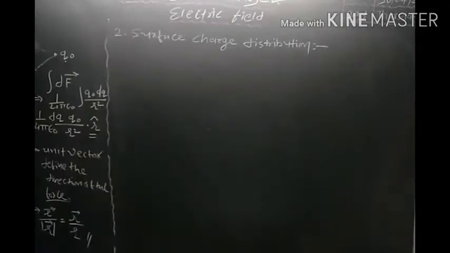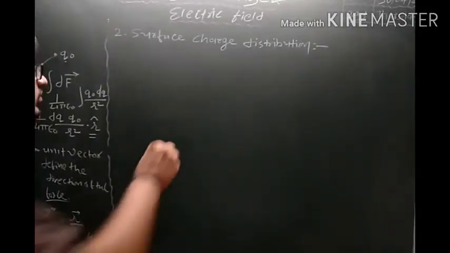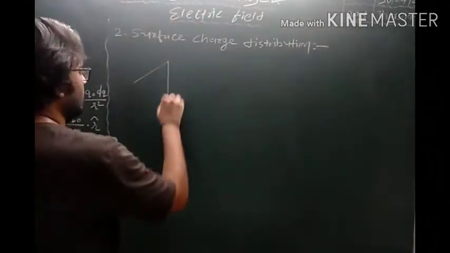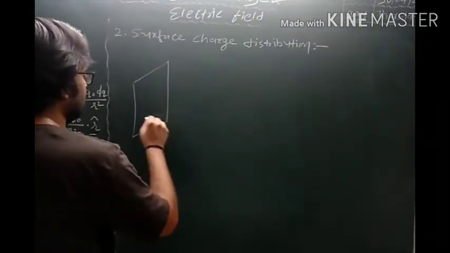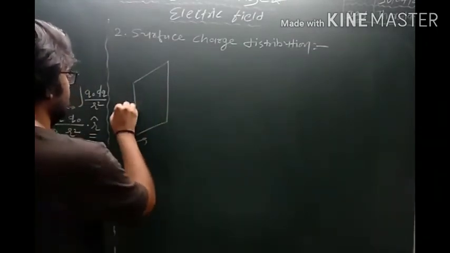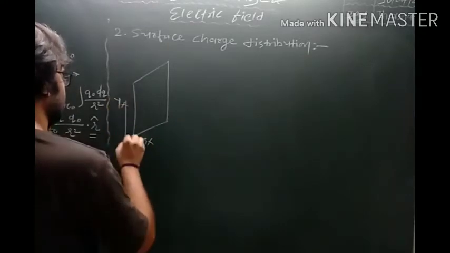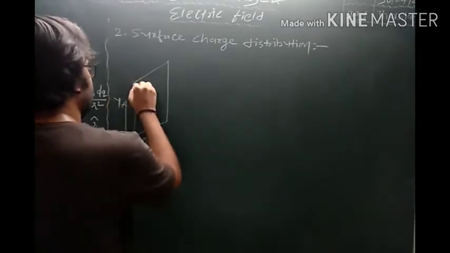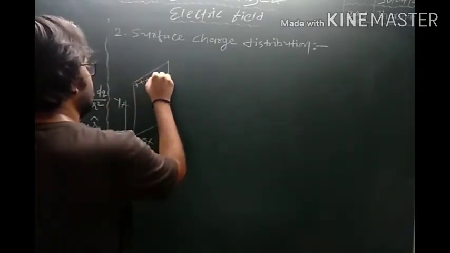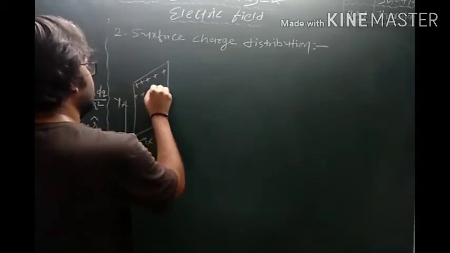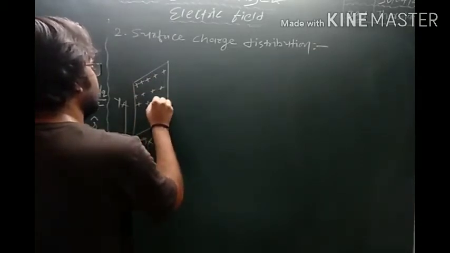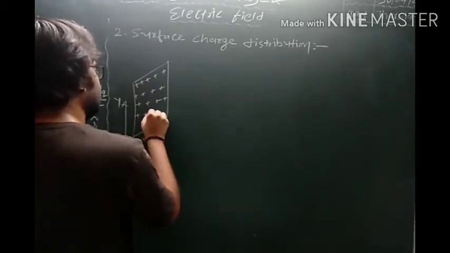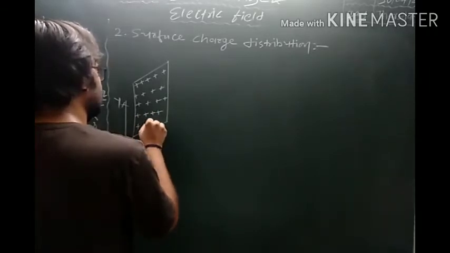Now students, we talk about surface charge distribution. In this surface charge distribution, we can draw one surface which is two-dimensional. Okay, see this. Now in this surface charge distribution, a number of charges are distributed in this way, which is continuous.